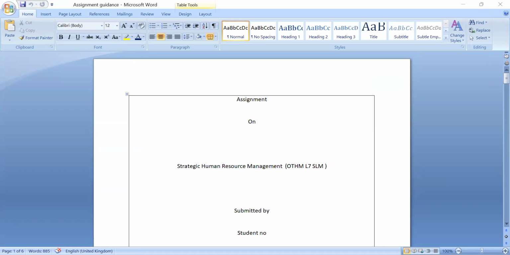When you do the work, please look around each week's lecture slides. You've been given the books there, so follow those, and make sure you use the Harvard reference style. Create the table of contents, introduction, background, then divide the discussion as task one, task two, task three.